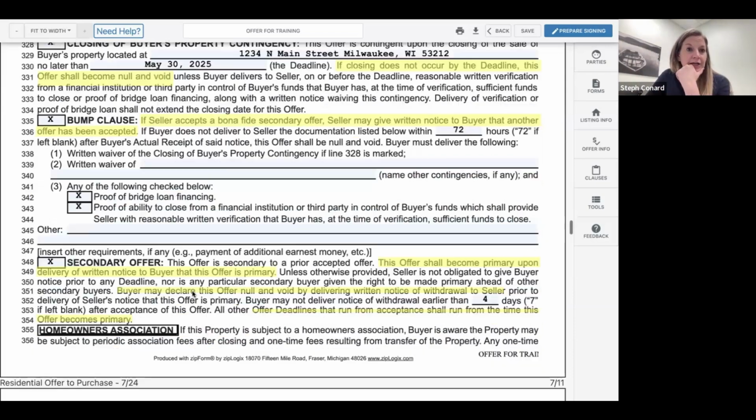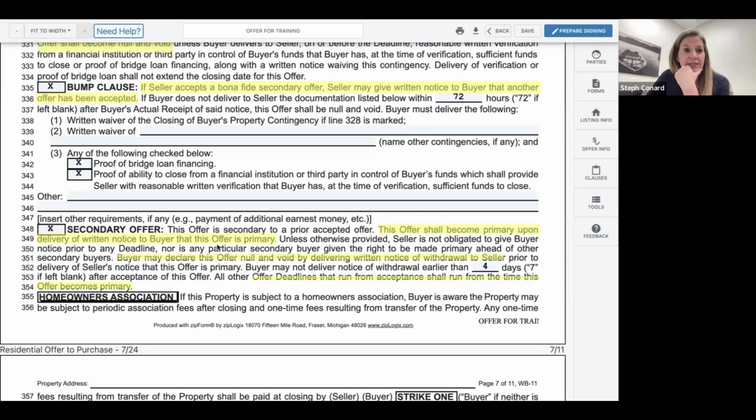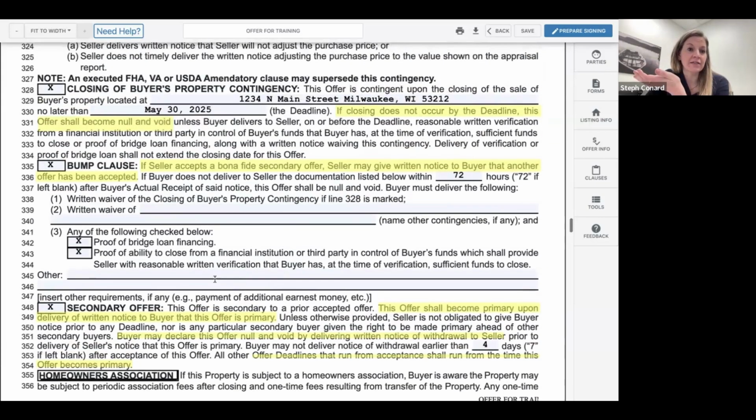And if we're going to be writing a secondary offer on a listing, the chances of that listing having a bump clause are pretty high. So when a buyer is coming to you and saying, can we still write an offer? You can say, we can write a secondary offer if you want, but the chances of it moving into a primary position are pretty low unless, and I'll find this out from the listing agent, there's a bump clause on their first offer. I want you to have the tools to be able to communicate with your clients on it too.